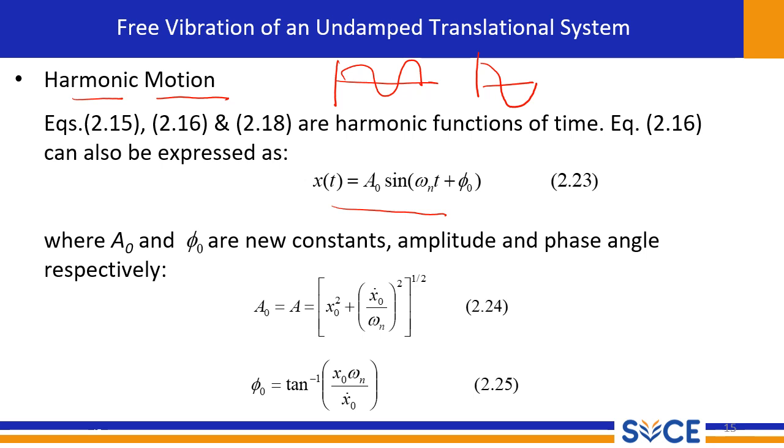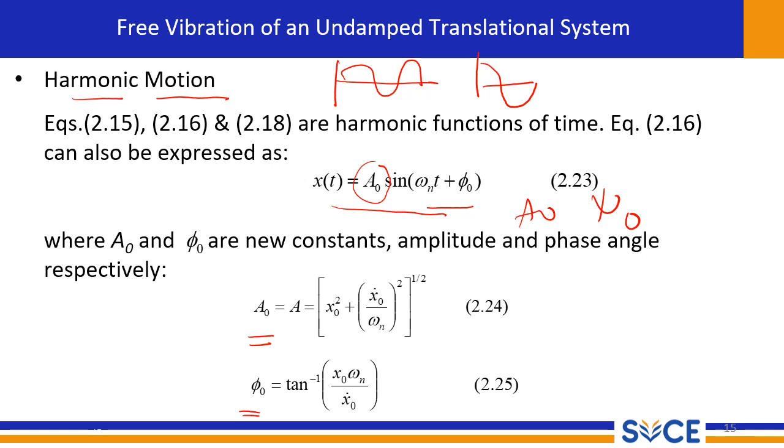This equation shows yet another way to express the same harmonic motion: x of t equals A naught times the sine of omega n t plus phi naught. This form introduces two new constants, A naught and phi naught. A naught represents the amplitude of the oscillation, which is the maximum displacement from the equilibrium position. Phi naught represents the phase angle.